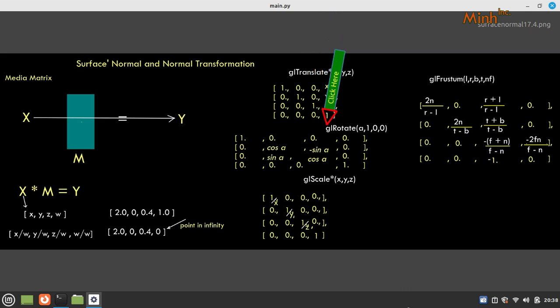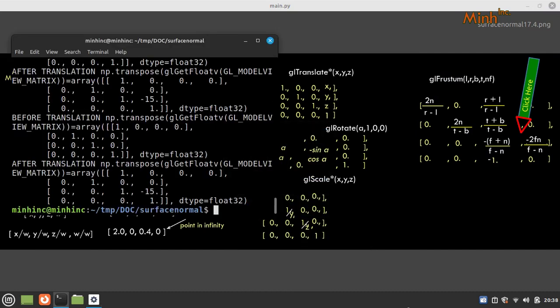If I am rotating, I have taken the example of rotation around the X axis, then it has to pass through this matrix. If I am scaling, it has to pass through this matrix. If I am doing glFrustum, meaning perspective projection, it has to pass through this matrix.